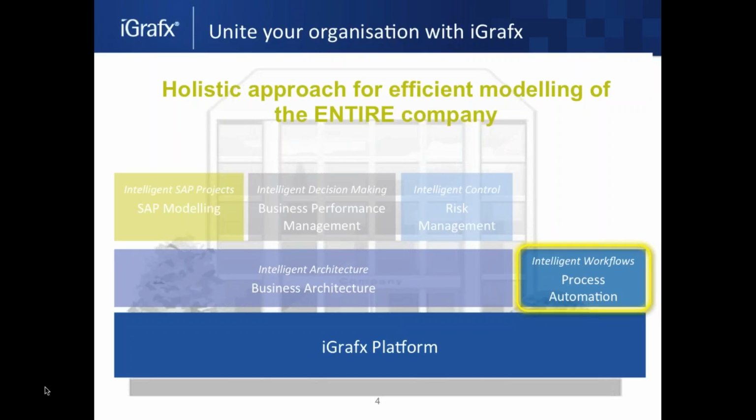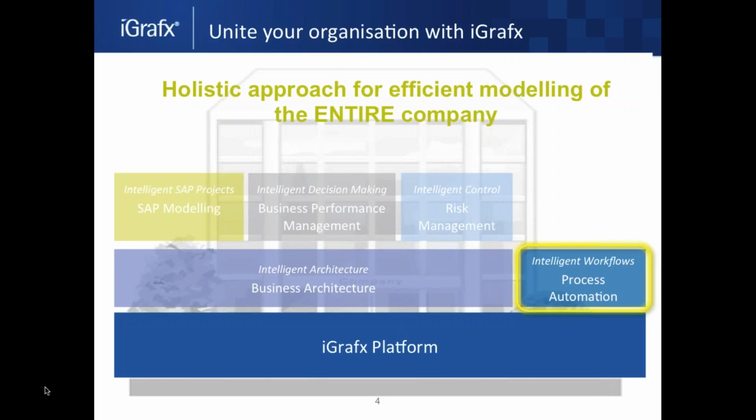As a base, on the bottom we see the iGrafx platform, the web-based platform that we've seen before, which hosts all the additional capabilities and functionalities that we provide, starting with the business architecture that enables us to do enterprise modeling in terms of resources, in terms of strategies, all the aspects that are important in your organization. Next, we have SAP modeling, where we can integrate with your SAP projects.